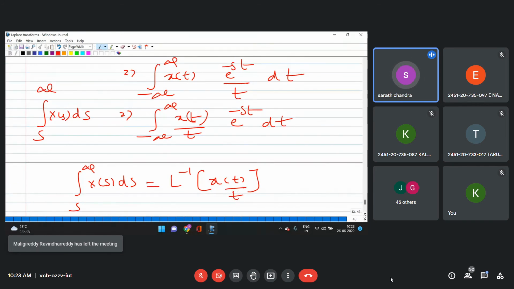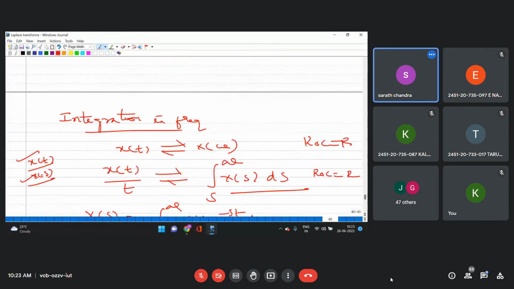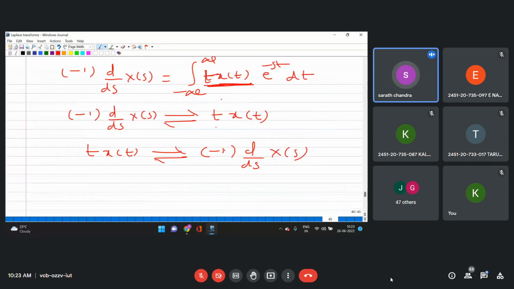We did the same above, but there I didn't write that term here. So this is also the same thing. Here t into x of t is the input. This equals the inverse Laplace of t into x of t.